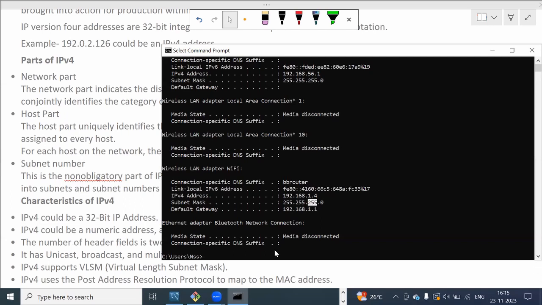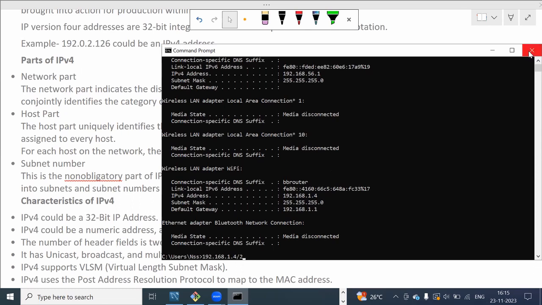How will you manage that? So you divide your network into subnets. So you can do something like 192.168.1.4 slash subnet number. Okay, so I hope this part is clear now.